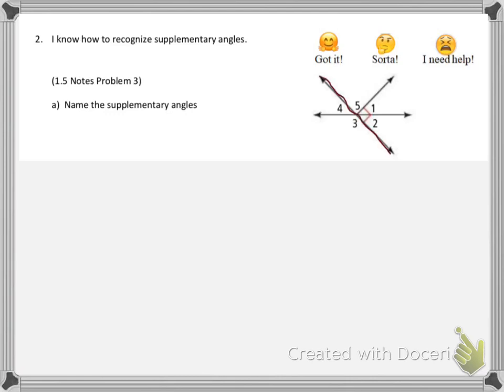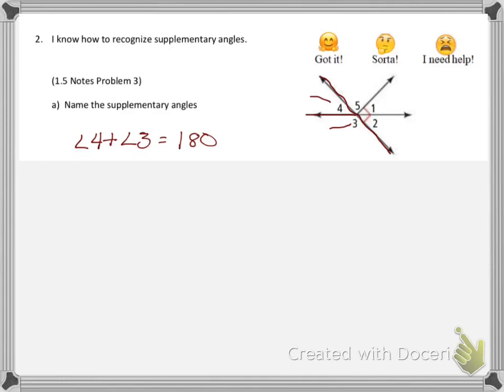So here's this straight angle, and we don't name the straight angle. We see the two angles that we have, 4 and 3. Those are the two angles that if you were to add those together, they equal 180 degrees. So let's write that out. Angle 4 plus angle 3 equals 180 degrees.